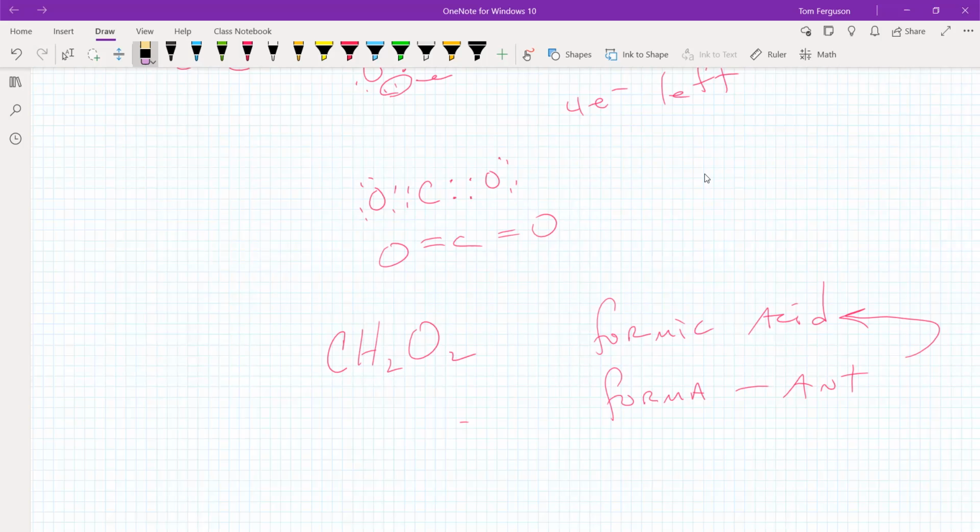Okay, let's change the formula. That's CH2O2. This will be an intro into our lab.